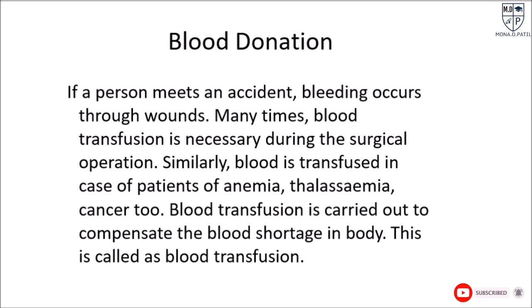Anemia means some lack of minerals in the blood. It depends on which mineral is lacking in the blood. This condition is called anemia. Then thalassemia, cancer too. So blood transfusion is carried out to compensate for the blood shortage in the body. This is called blood transfusion.